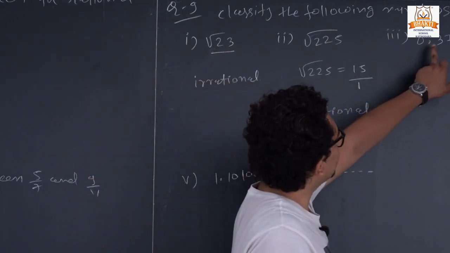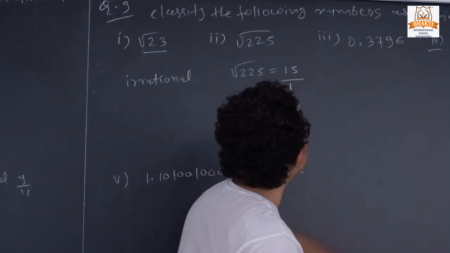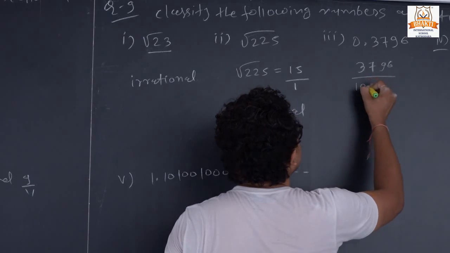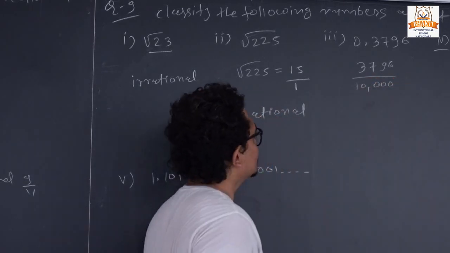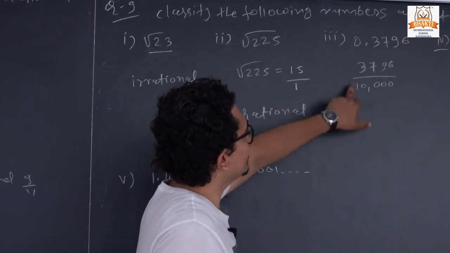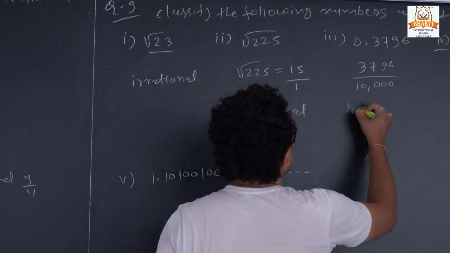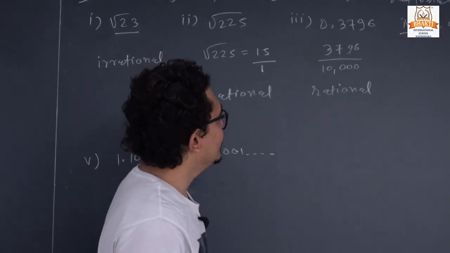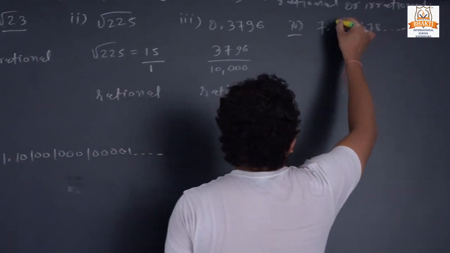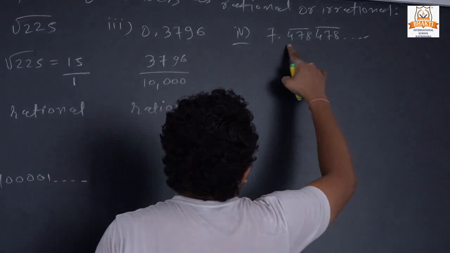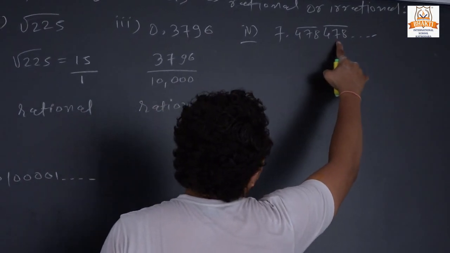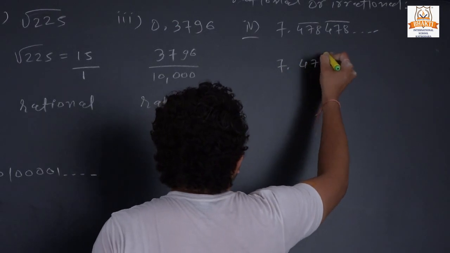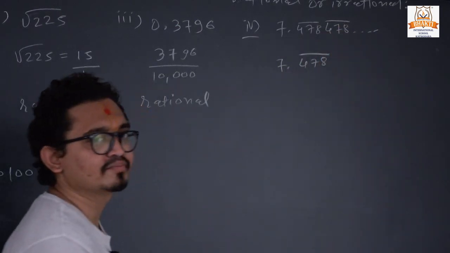Third, it will be 0.3796. So we can also write like that, 3796 upon 10,000. So once again it will be in P upon Q form. So that is which kind of number? Rational number. Next, here 3 digits are repeated. See, 478. Once again 478. So we can also write like that, 0.478 with a bar.